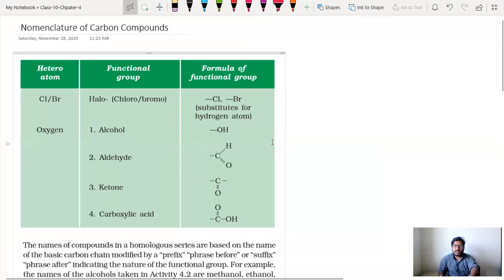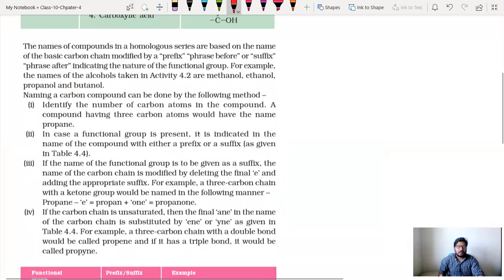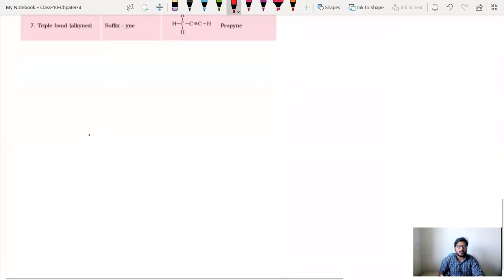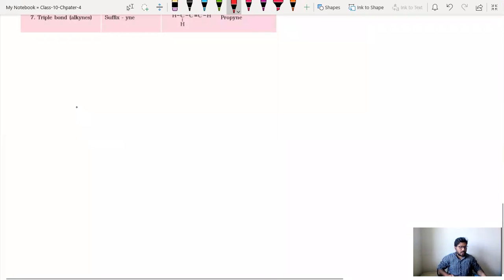Now let us see functional groups and try to learn them. Here I told you about functional groups. To draw functional groups on hydrocarbon compounds, what are the things you need? First, you should have an idea regarding alkanes, because functional groups can be added to alkanes, not to alkenes or alkynes.